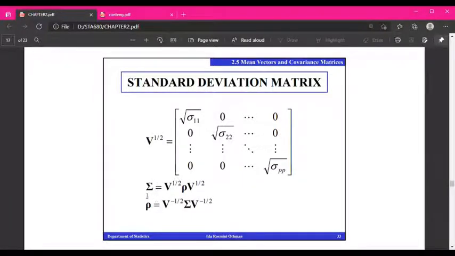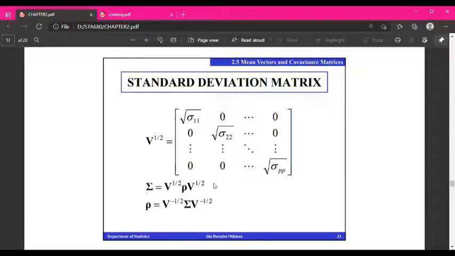And then the covariance, we can find the big sigma ataupun dipanggil variance covariance matrix of random variable using this formula. If we have the standard deviation value for each ataupun kita ada nilai variance for each variable, we can create this standard deviation matrix and put here. And then if we have also the correlation matrix, then we can find the value of variance covariance matrix.